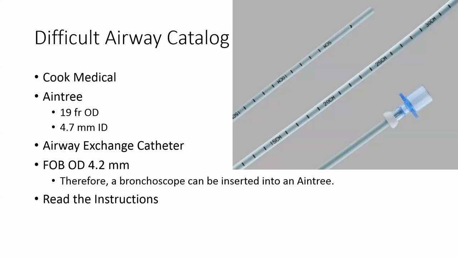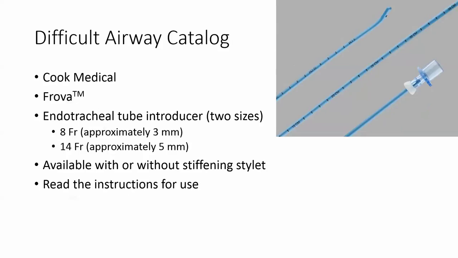I recommend that you read the instructions that are provided with any airway equipment, because sometimes there are not quite intuitive nuances in their usage. As shown on a slide two slides back, the Frova is a proper endotracheal tube introducer. It comes in two sizes.